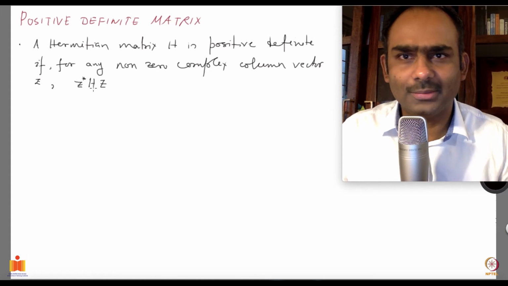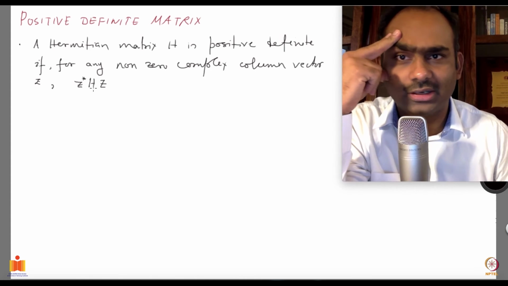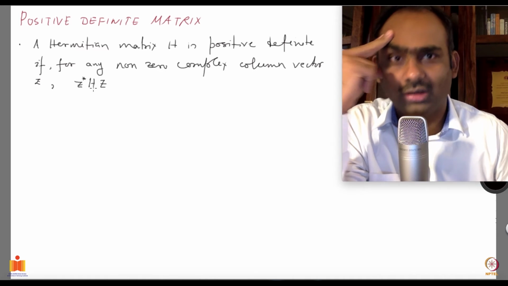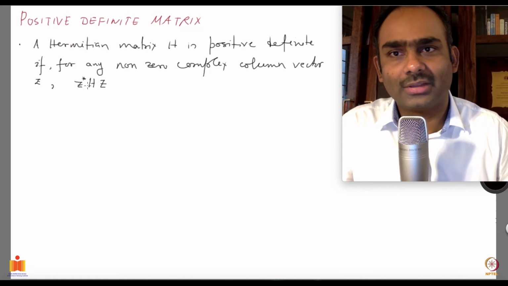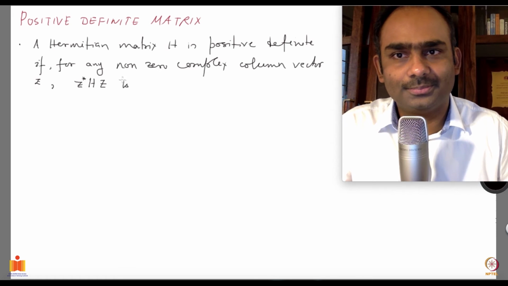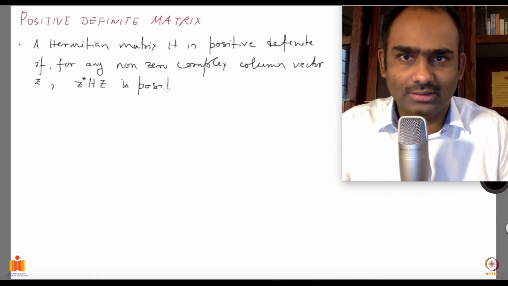So let me read. A Hermitian matrix H is positive definite if for any non-zero complex column vector Z, Z star H Z is positive. That's the definition of it.